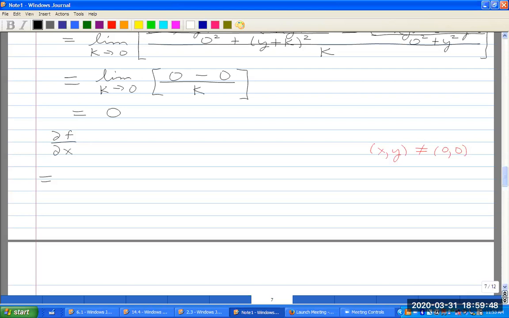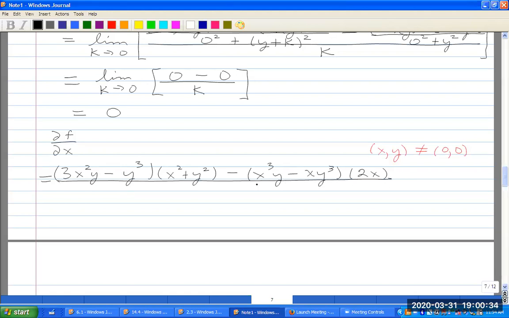So the derivative of the numerator times the denominator minus the numerator times the derivative of the denominator, all divided by the denominator squared.